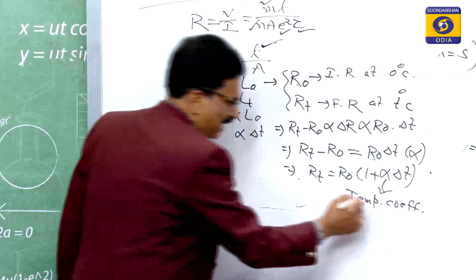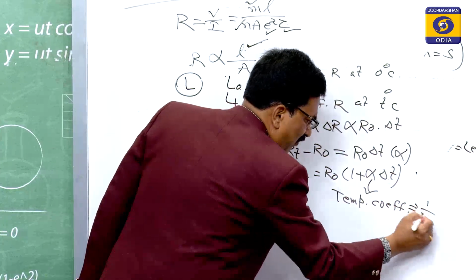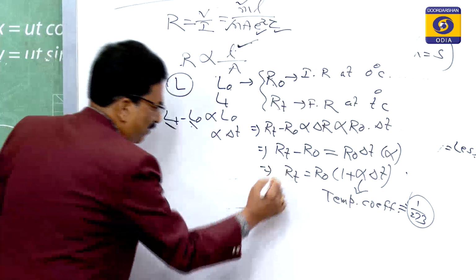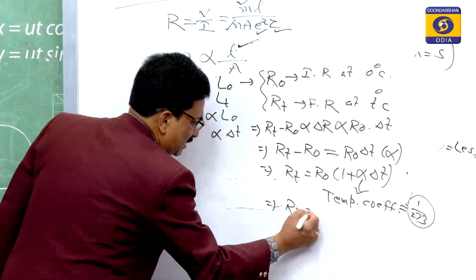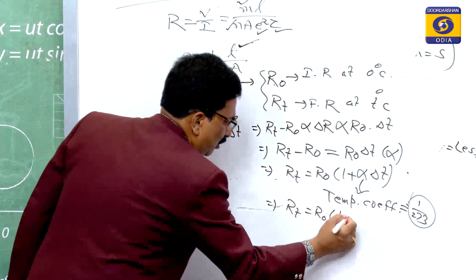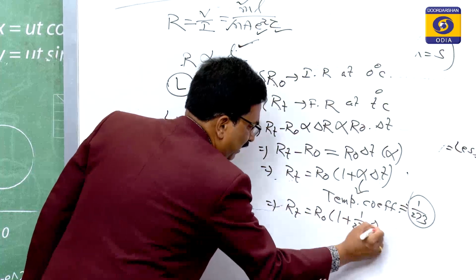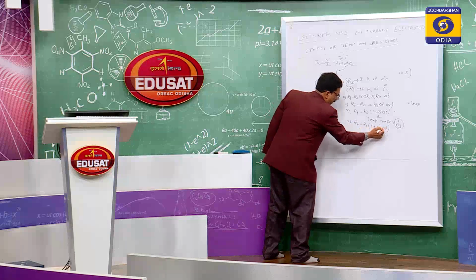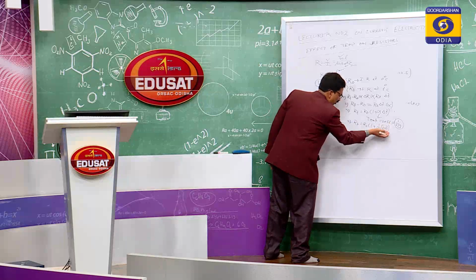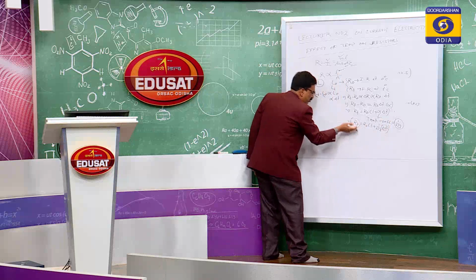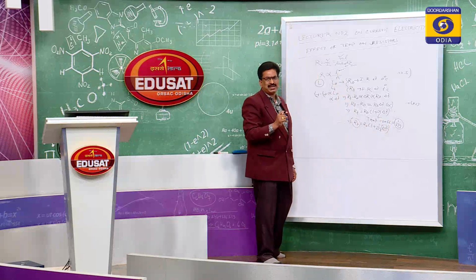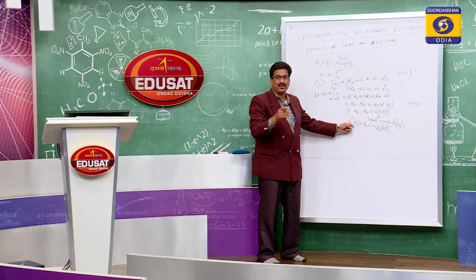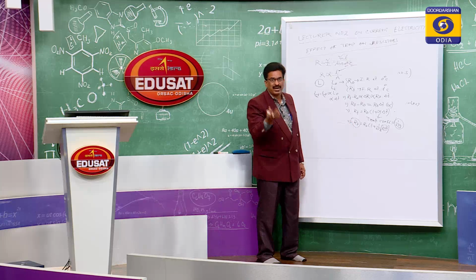The value of the temperature coefficient for almost all metals is 1 by 273. Therefore RT is equal to R0 into (1 plus 1 by 273 into del T). This shows that if the change in temperature is more, the resistance is more. So we conclude that as the temperature increases, the resistance increases for good conductors.